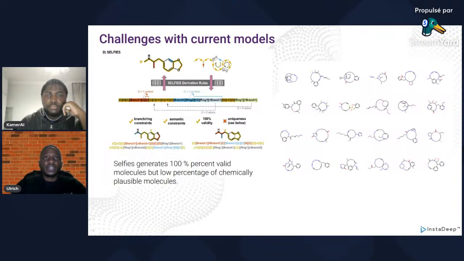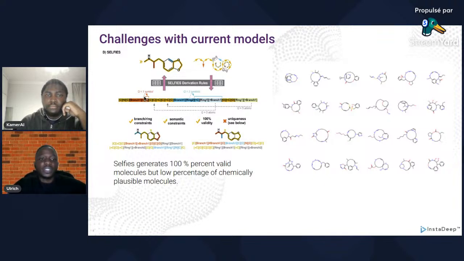And then after the SMILES notation, the other string representation that was quite popular recently is what you call the SELFIES notation. The SELFIES notation tried to solve the issue of not having valid molecules. Most of the time, the challenge with SMILES validity was where you had the branching points.